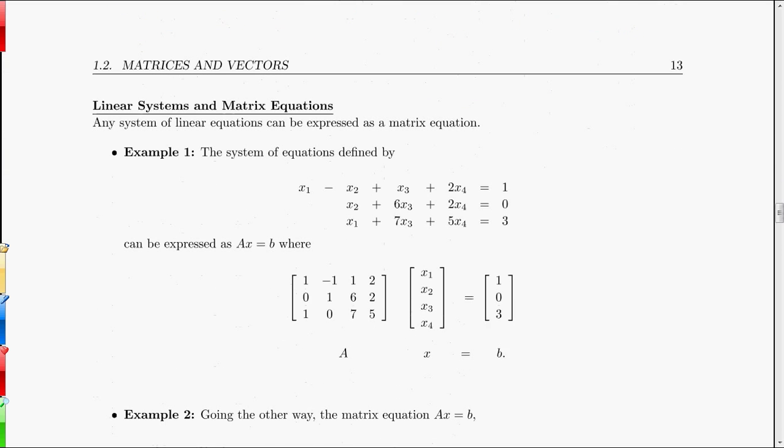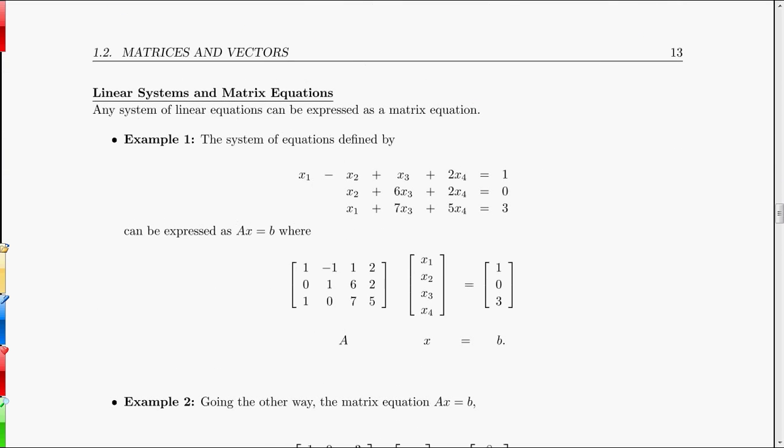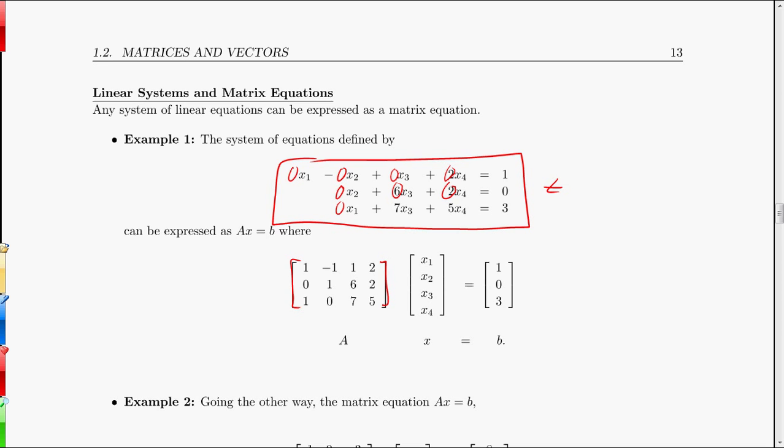Okay. Oh, this is very important. So suppose I have a system of equations, and we did this from the last chapter. I can actually express this entire system in terms of matrix multiplication. If you look at this system, there are 3 equations, 4 unknowns. If I create the matrix A, which consists just of the coefficients, so that's a 1, -1, 1, 2, and then a 0, 1, 6, 2, and then a 1, and there's no x2, so that's a 0, 7, 5.